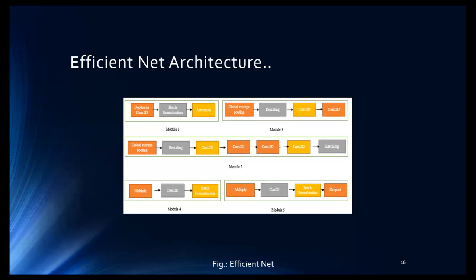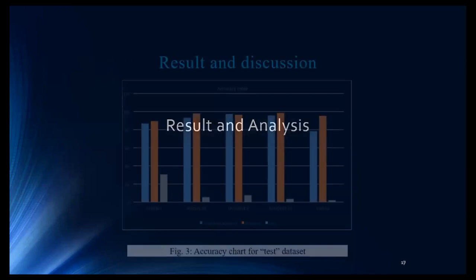That means if we increase the value of alpha by 20%, then we have to increase the values of beta and gamma by 10% and 15%.